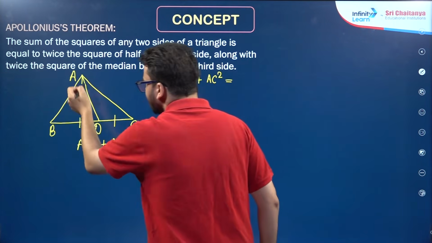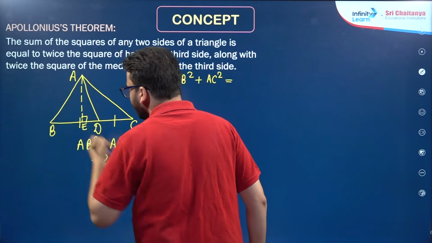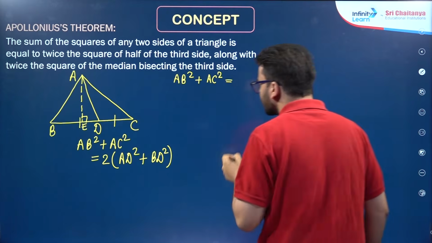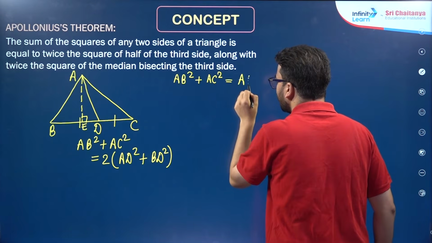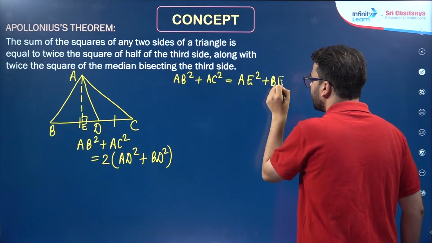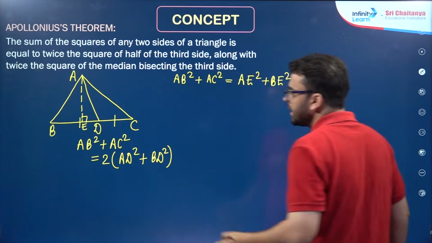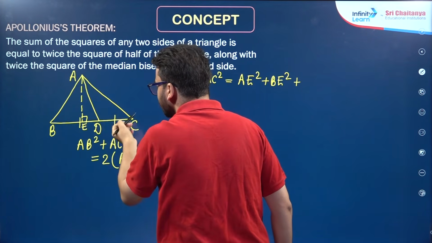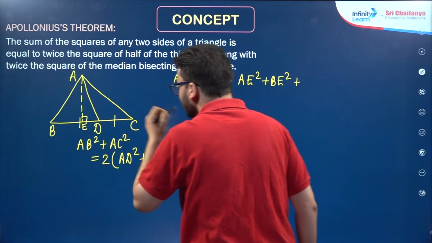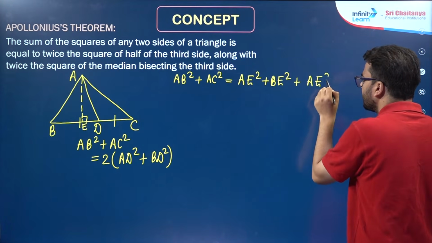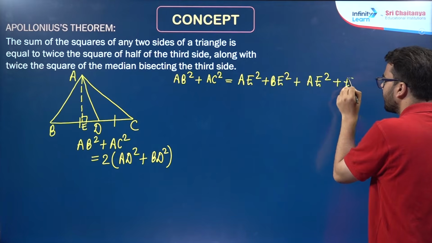In this right angled triangle, if I use the Pythagoras theorem, AB square will be AE square plus BE square, plus, if I see this right angle triangle AEC, AC square is AE square plus EC square.